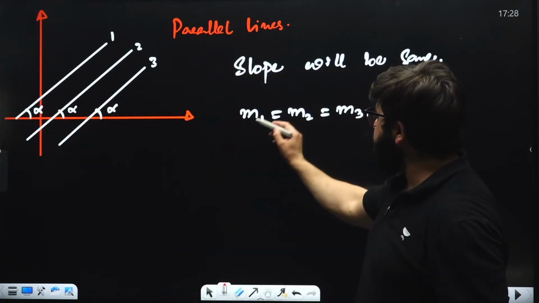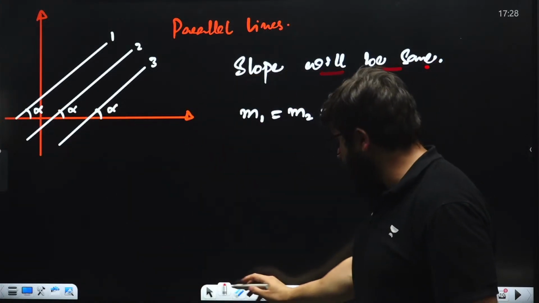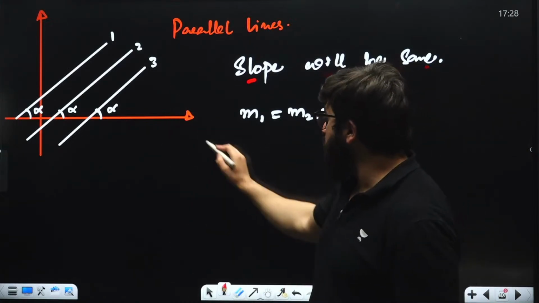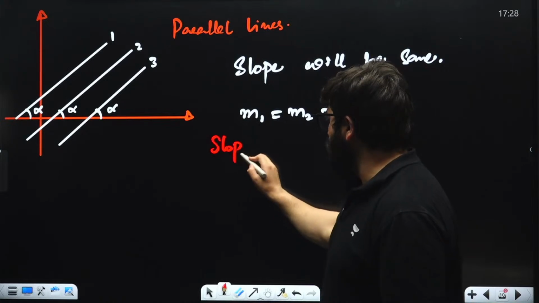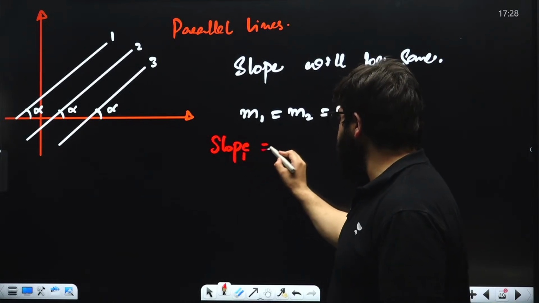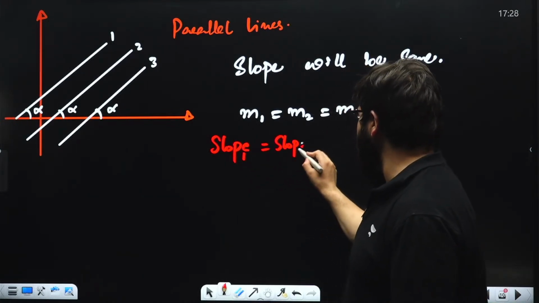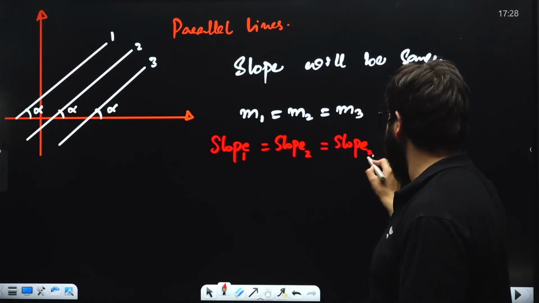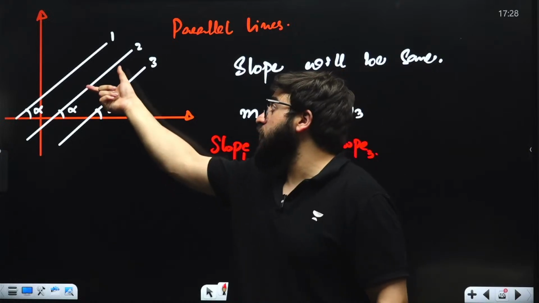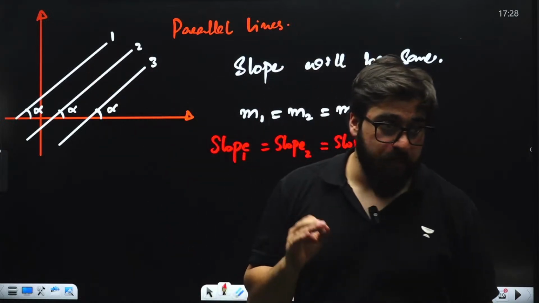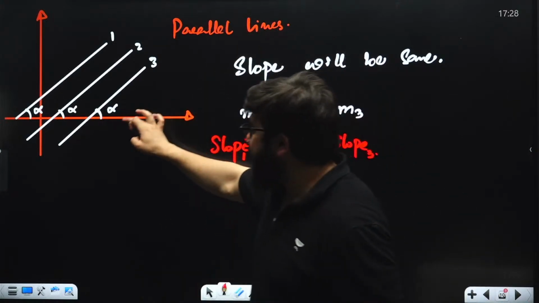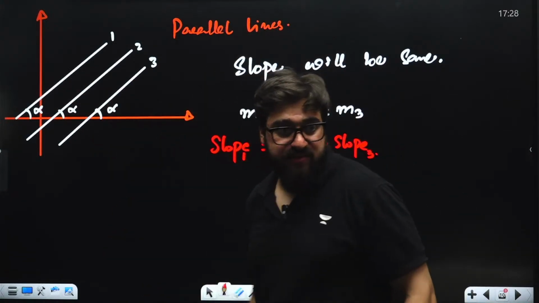So I can say the slope will be the same. In this case, slope of the first line is equal to slope of the second line is equal to slope of the third line. So slope at every point will be the same, because they are making the same angle with the x-axis.